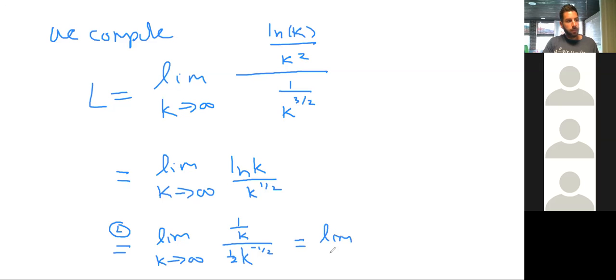And you might not remember L'Hopital's rule, but it is something that you learned in Calculus 1. And so when you take that 1/2 to the top and you take this limit, you end up getting 1 over 2 times the square root of k, and this limit is 0.